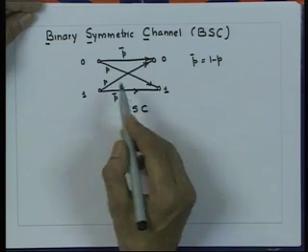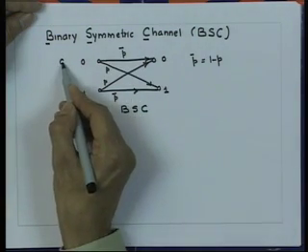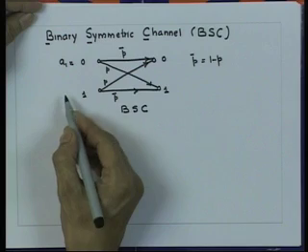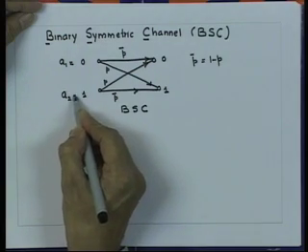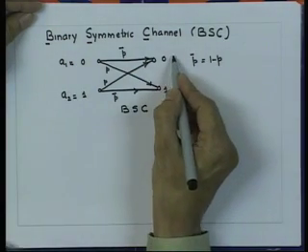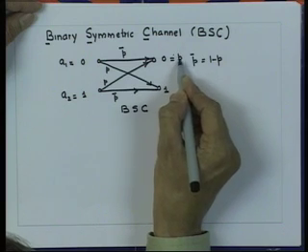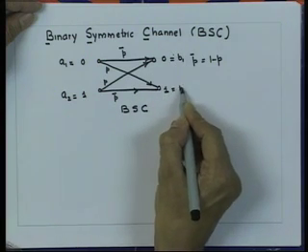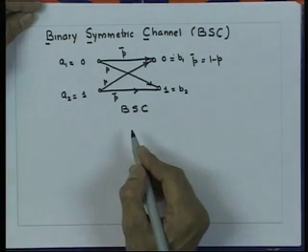So, A1 is equal to 0 and A2 is equal to 1 and B1 is equal to 0 and B2 is equal to 1.